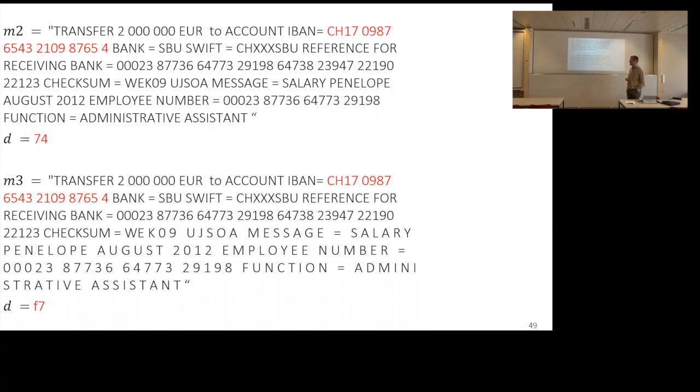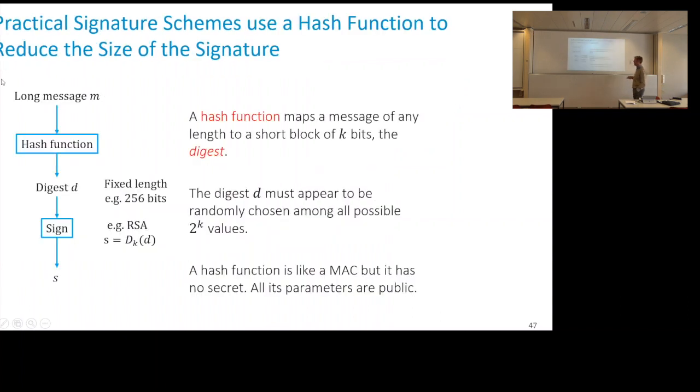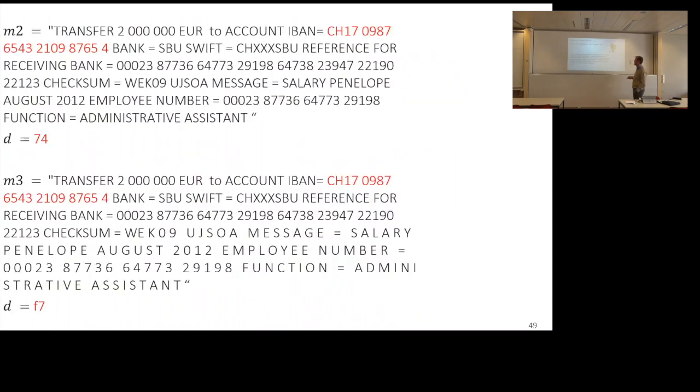That's possible because the hash function is done by simple linear modulo 257 arithmetic. So if I know the ASCII code of a blank space, I can compute how many blank spaces I need to add such that the difference between the hash and the intended hash is exactly the one I wanted, which I did here.